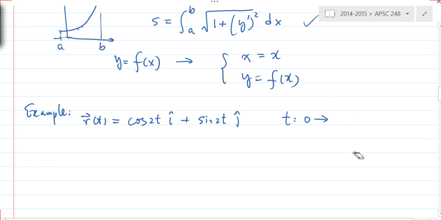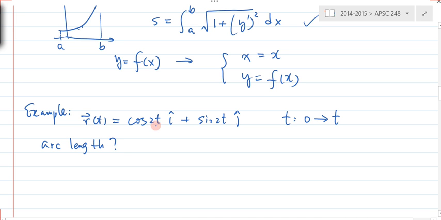Maybe I'll try something slightly different. I'll use a t here, basically an arbitrary value. So after a certain amount of time, what will be the arc length?